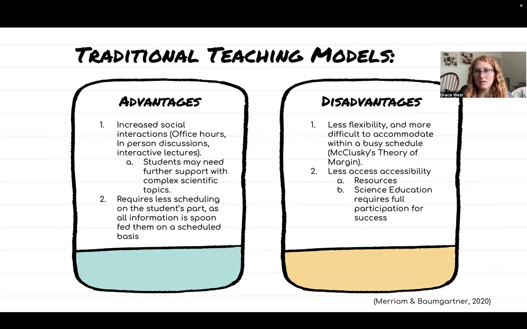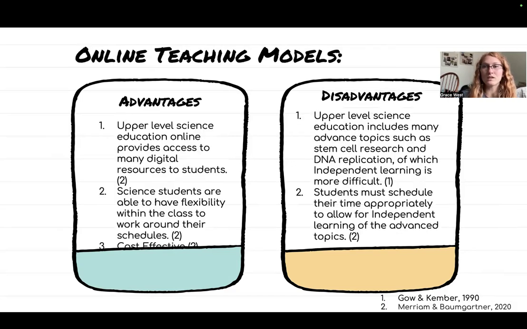The second disadvantage would be less accessibility to content such as other resources or the textbook, although this is becoming less and less of an issue with hybrid classes. Science education requires full participation within class for success and sometimes credit, so this would be a big issue and difference.